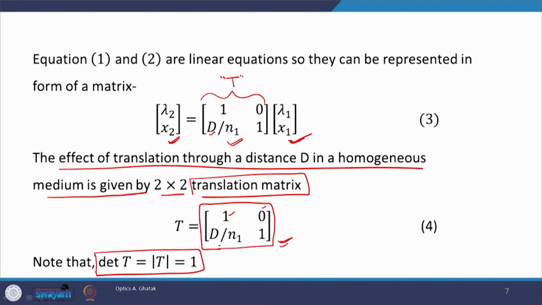What we learn today is that if a ray is travelling in a homogeneous medium of certain refractive index, then this travel can be replaced by a 2 by 2 translation matrix. And once we know the coordinates, then just by applying this translation matrix, we can know the effect of translation on the ray, and using this translation matrix we can trace the path of the ray.